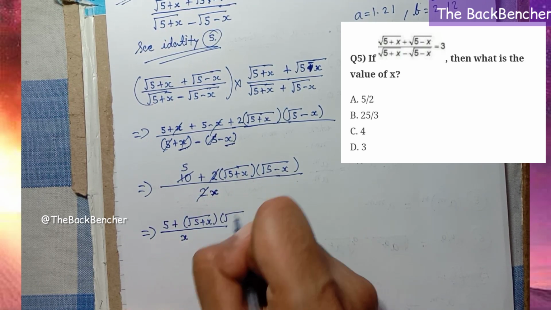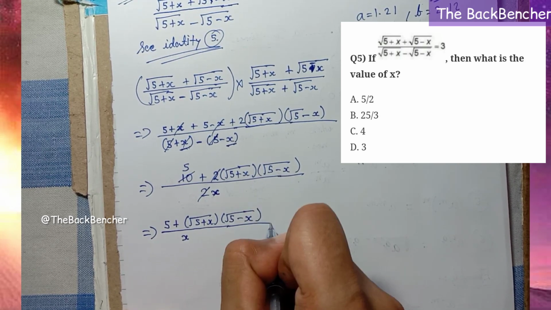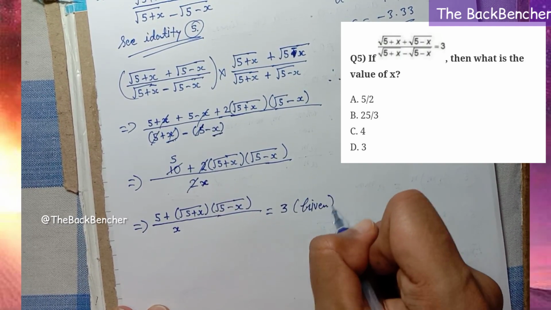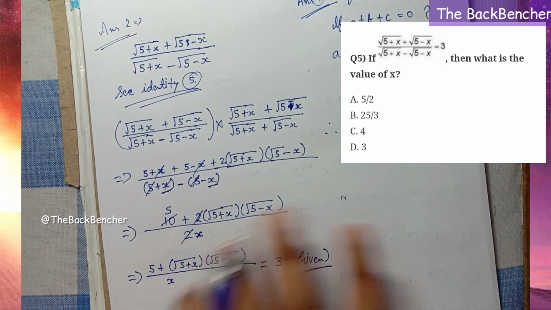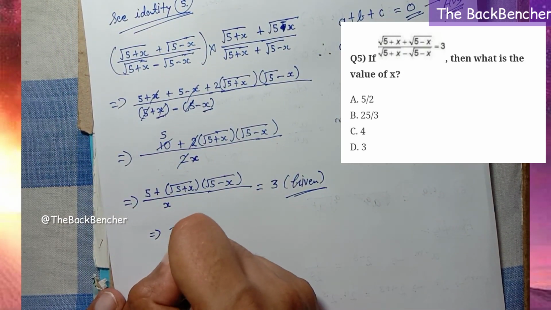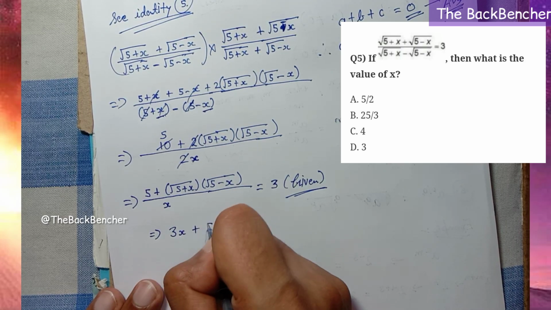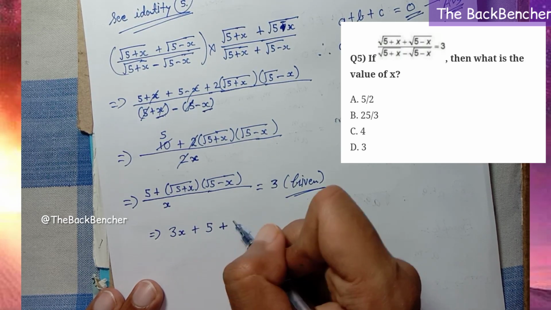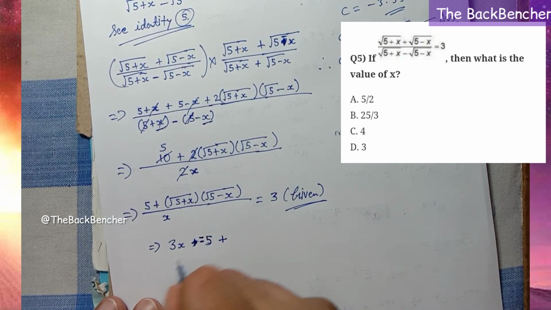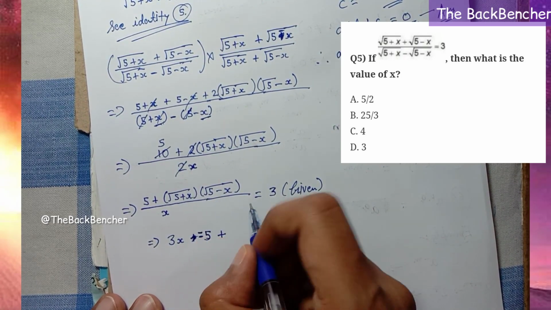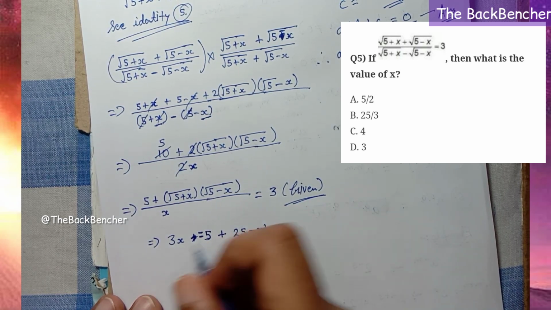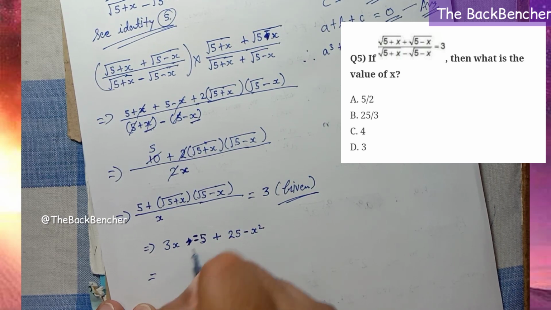That will be root of 5 plus x times 5 minus x. The whole expression is equal to 3, which is already given in the question. We have to find out the value of x. After cross multiplication, 3x equals 5 plus the root of 25 minus x square, that is a square minus b square form.